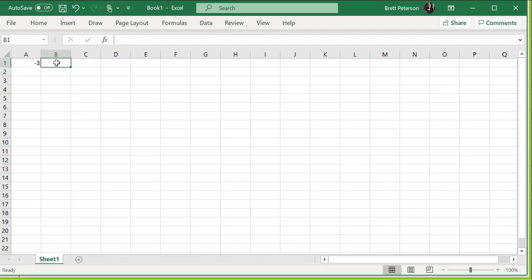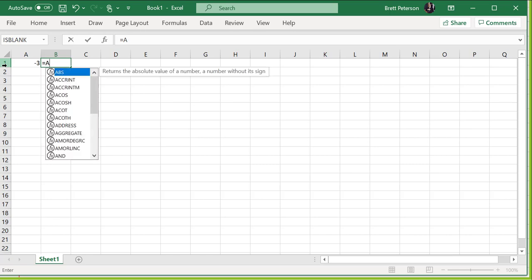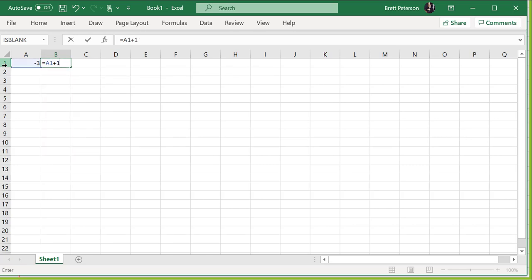Then moving over to cell B1, I'm going to press my equal key, and then reference the cell that came before it. I will type in its address, A1, and then +1.